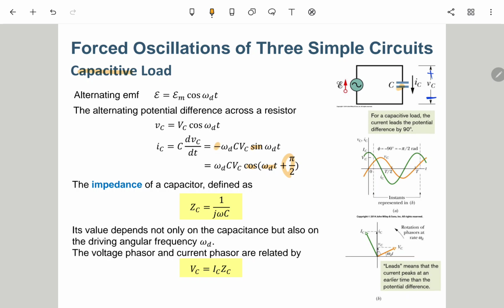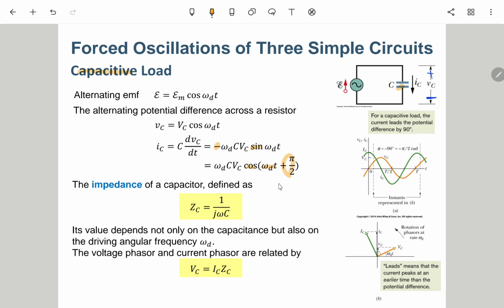So this negative sign vanishes, or maybe is absorbed by this transform, because sine and cosine have a 90-degree phase shift. Okay, so you may also consider that cosine for the first quadrant is positive, and then pi over 2 plus something, the second quadrant for the cosine will be negative. So absorbing this negative sign, this whole thing becomes positive omega d C VC cosine of this stuff.